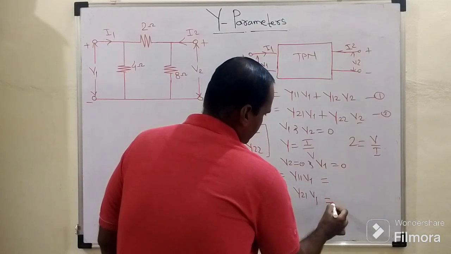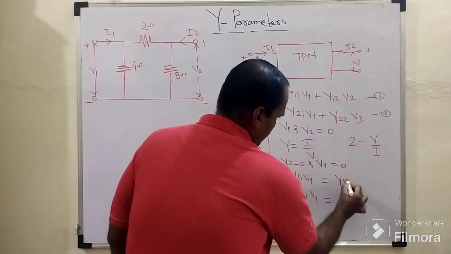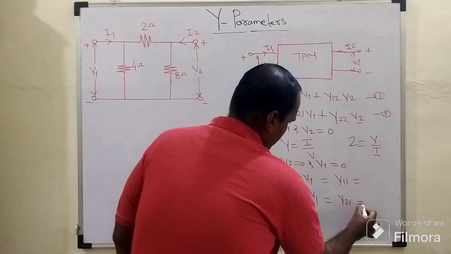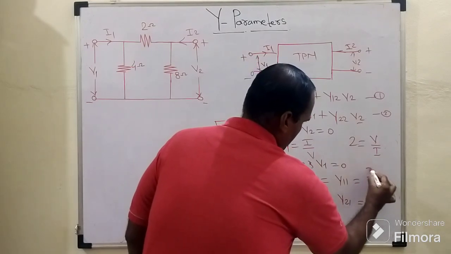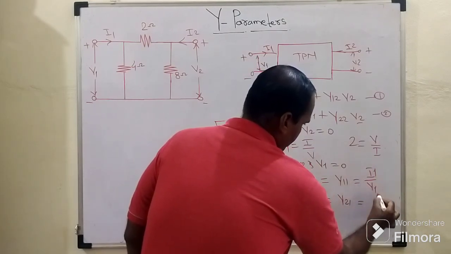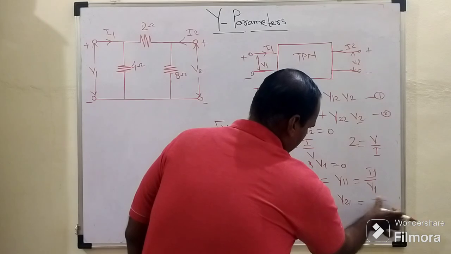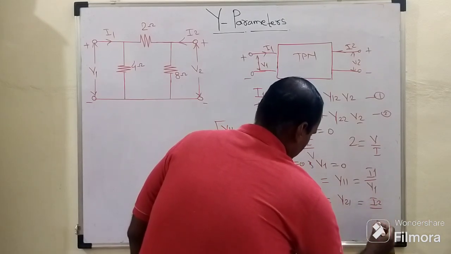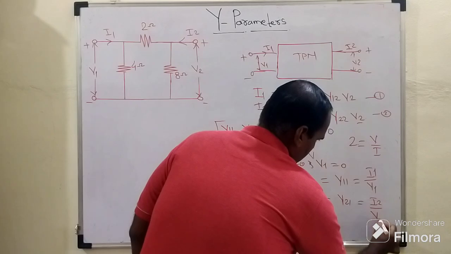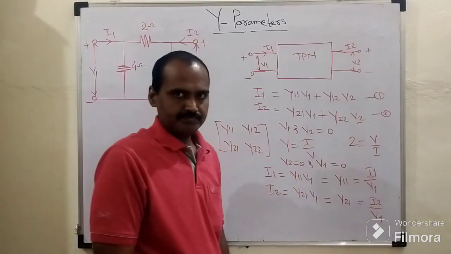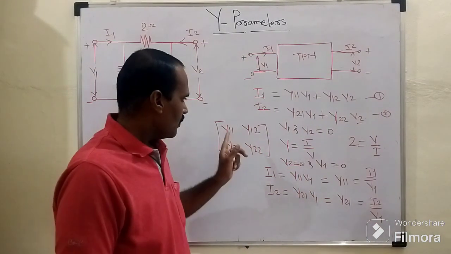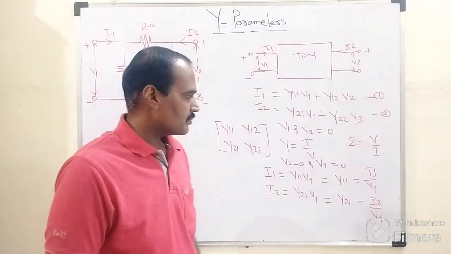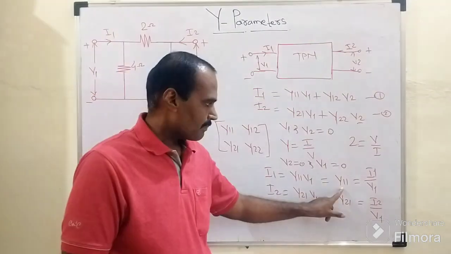If we rearrange these equations in terms of Y11 and Y21, we get Y11 equals I1 upon V1 and Y21 equals I2 upon V1.